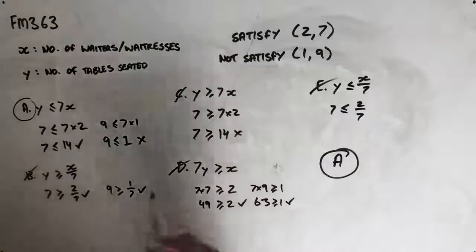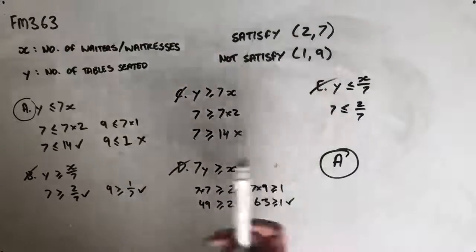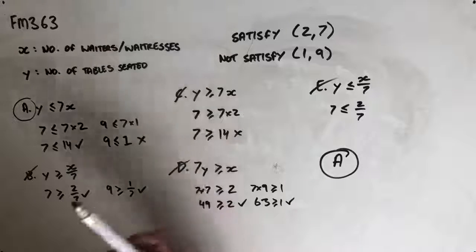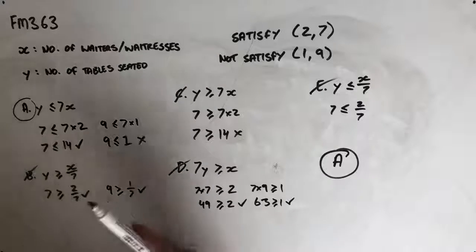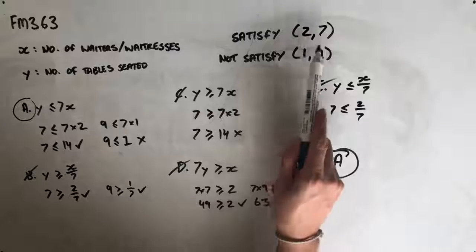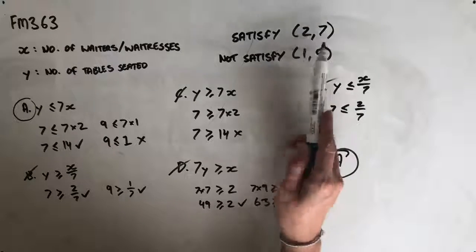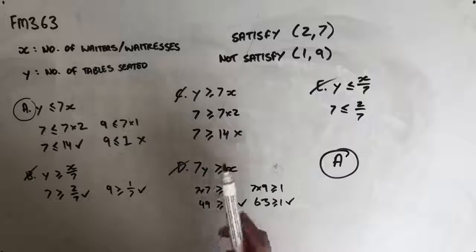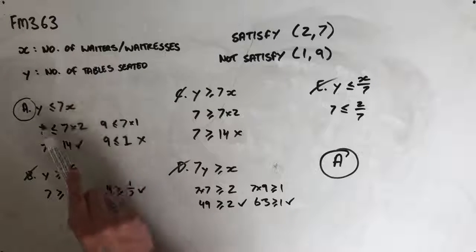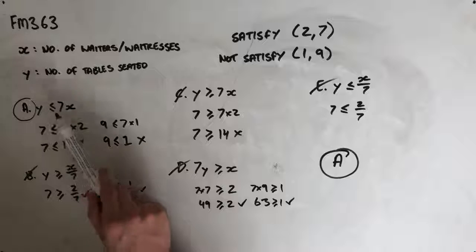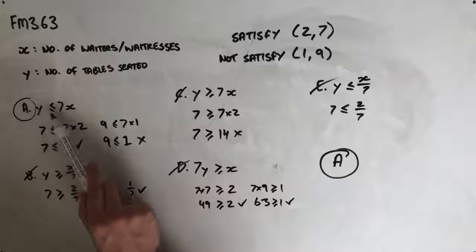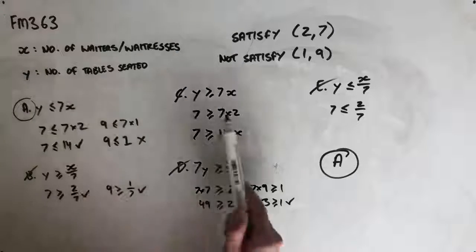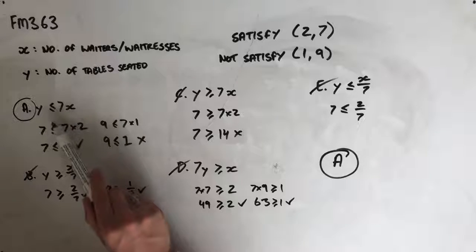Now, if you were to go through this process and find that 2 of your answers can both satisfy the inequality, what you might try doing is tightening up your condition that can satisfy. So for example, the difference between y being less than 7x, it could be you have one option that's y is less than or equal to 7x, and another one that says y is less than 7x.